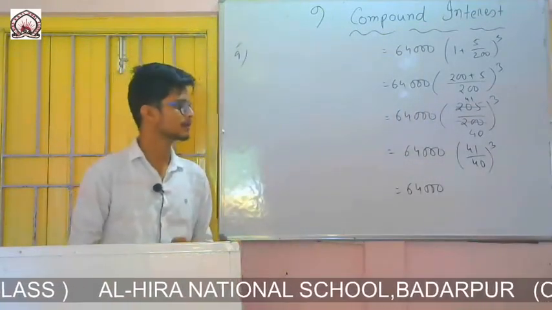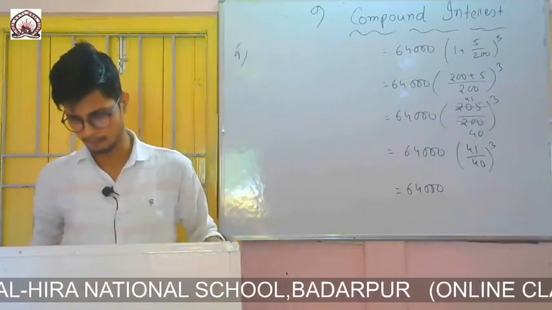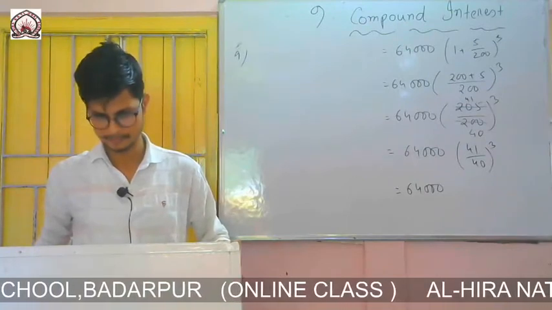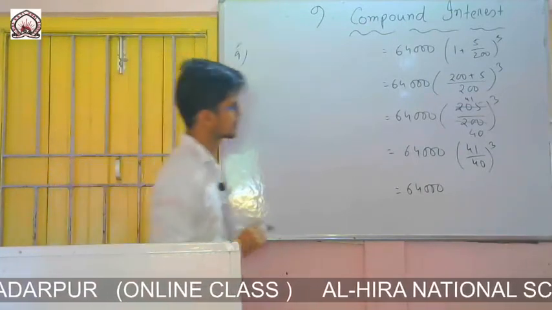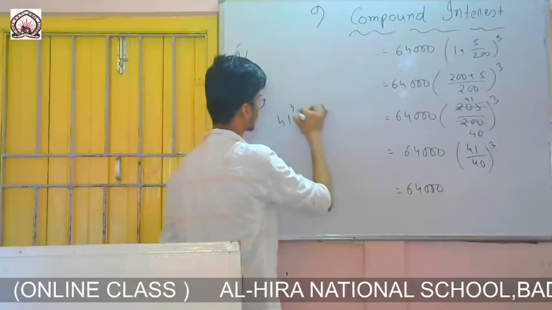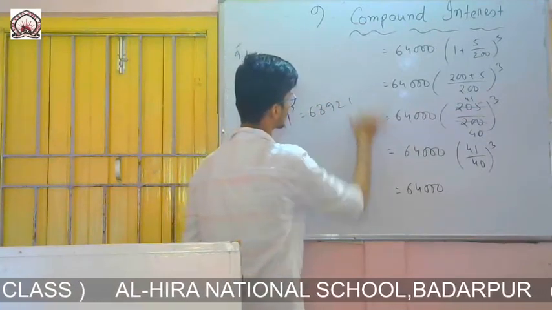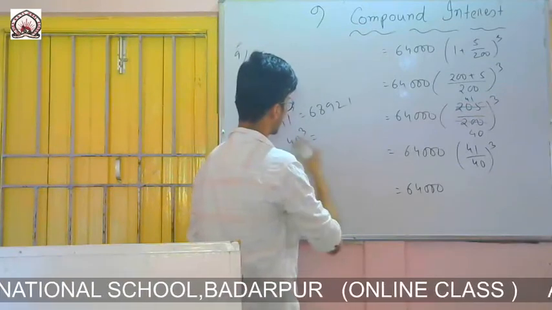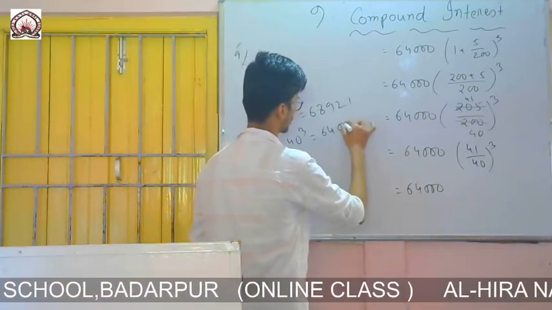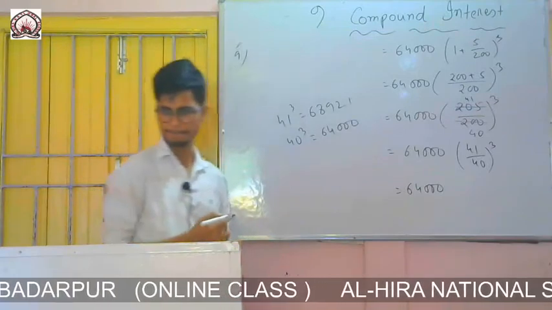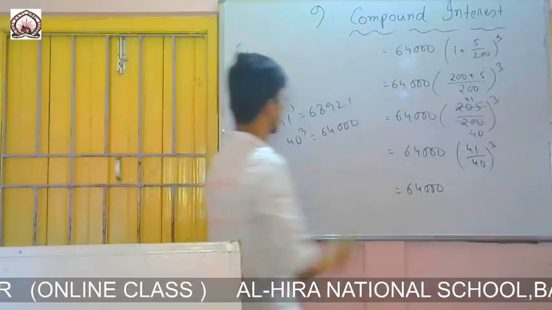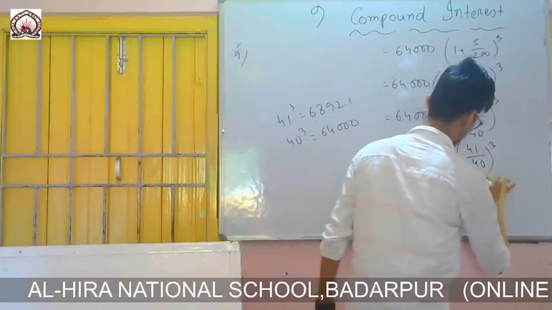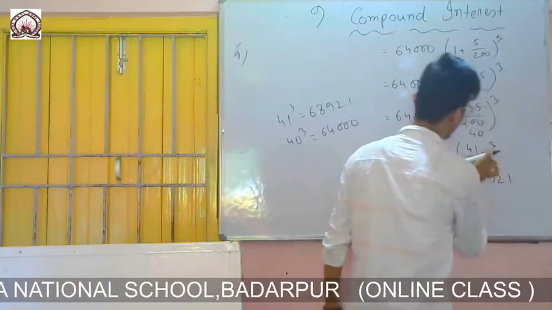So 41 cube by 40 cube. 41 cube is 68921, and 40 cube is 64,000, I think. Yes, 41 cube is 68921; I directly found out the cube.